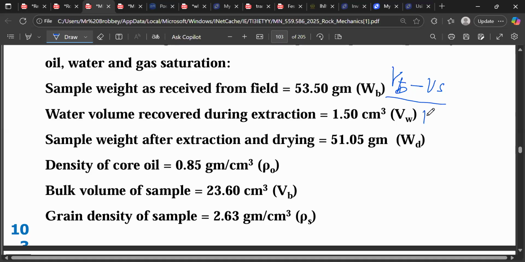But in this case, we have the bulk volume, but we don't have the VS.